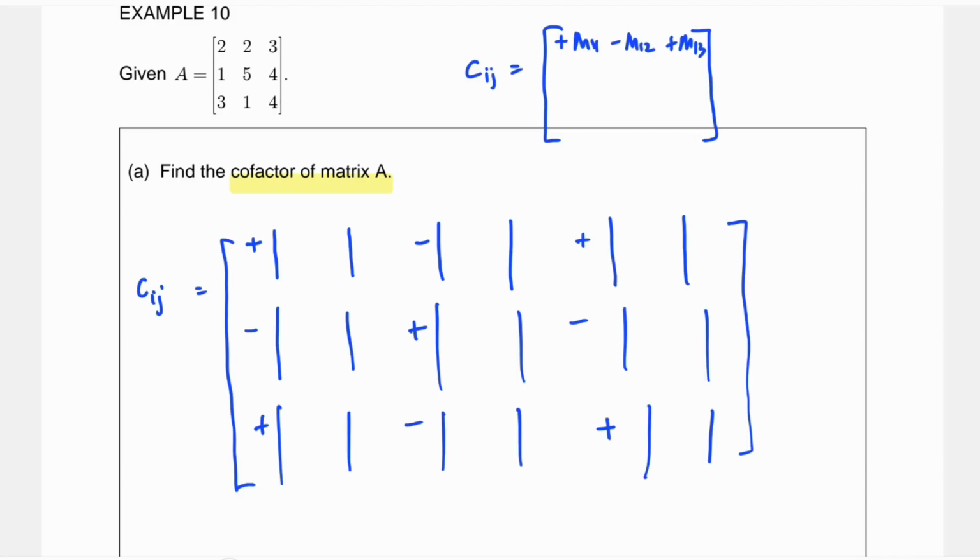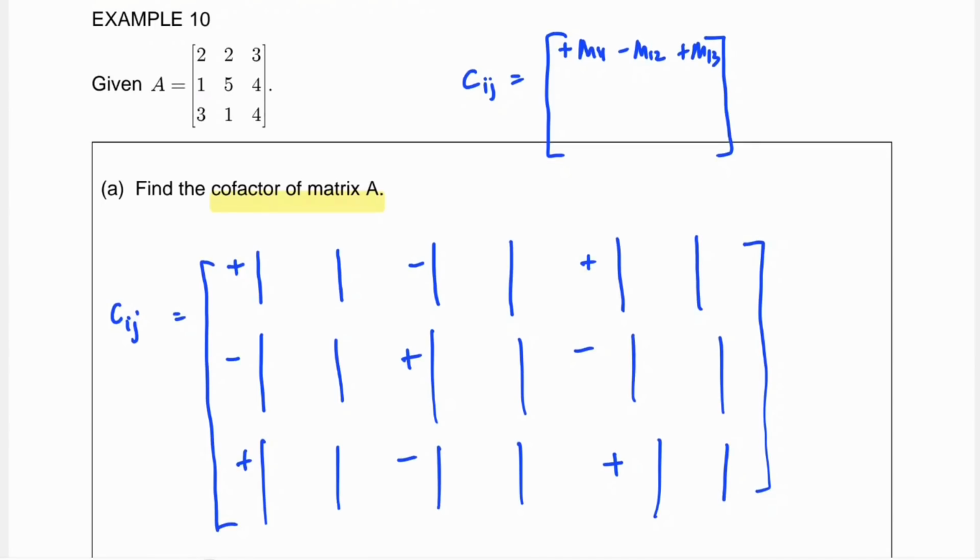Okay, so we need to fill in the template. The first entry here is for the minor 11. To fit in the entries for this part, you have to delete the first row and the first column, and then you just copy down all the remaining elements. So we have 4 5 4 1 4.